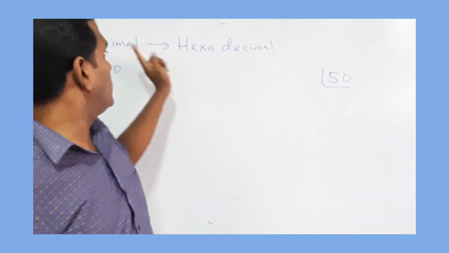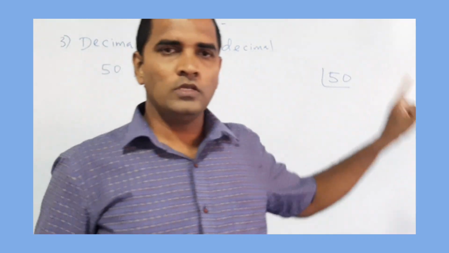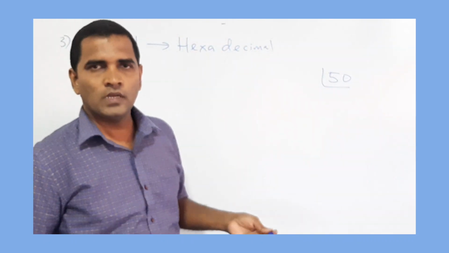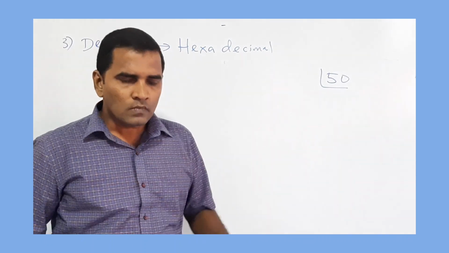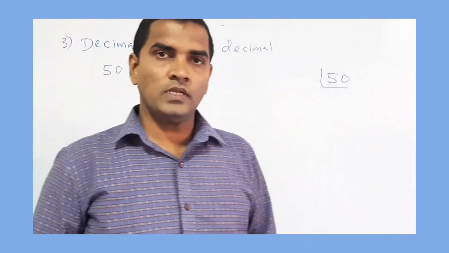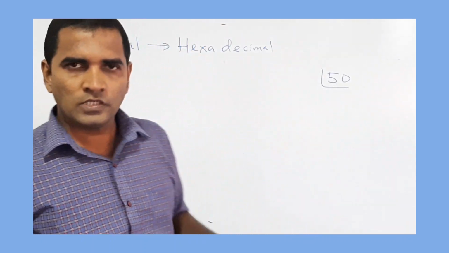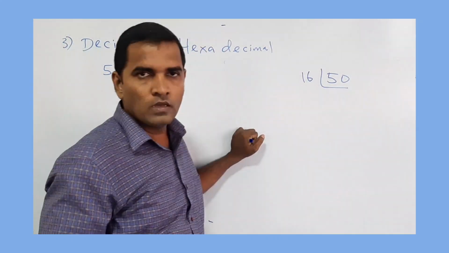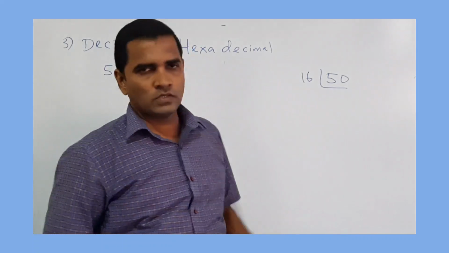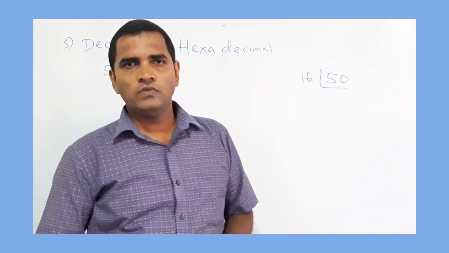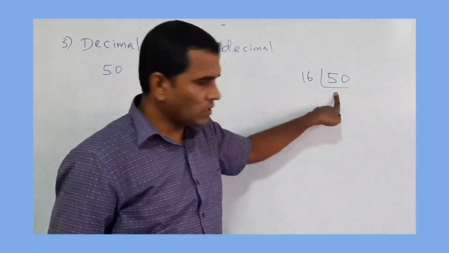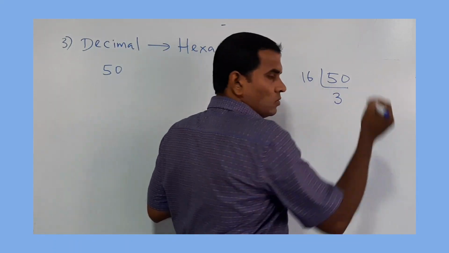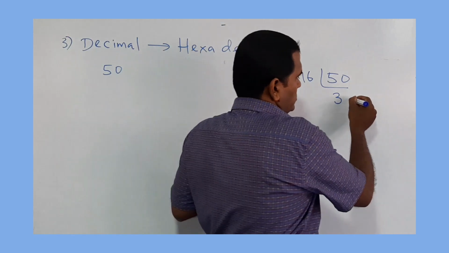Now it's decimal to hexadecimal, so this has to be divided by the base of hexadecimal. As we discussed in the last lesson, the base of hexadecimal is 16. So divide by 16. The other things are the same as before. Until the quotient becomes 0, divide it. So 3 times, 3 quotient, 2 remainder.